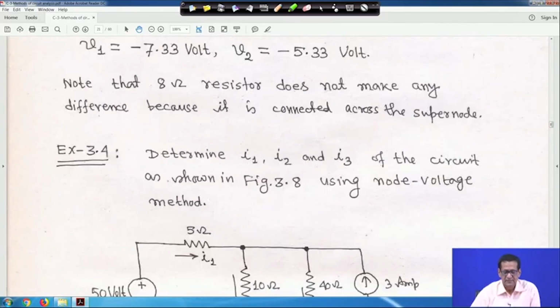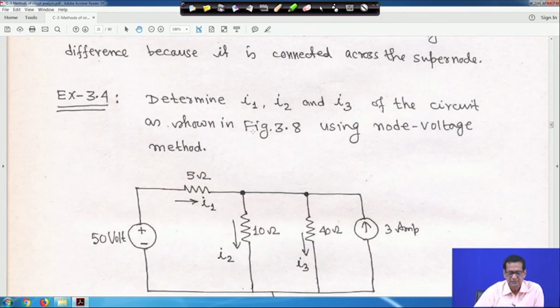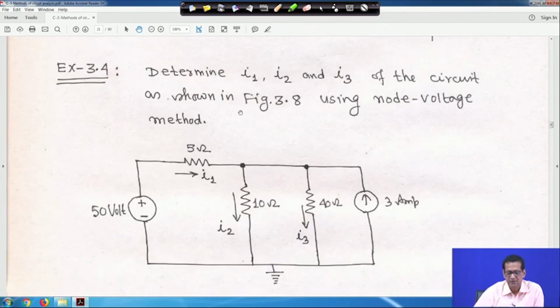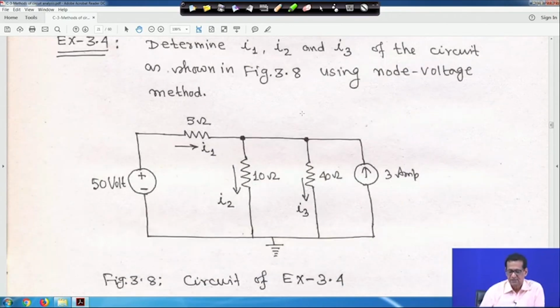So, next one is your example 3.4. Determine I1, I2 and I3 of the circuit as shown in figure 3 using the node voltage method. You have to find out I1, I2, I3, but let me tell you, there is no element here.